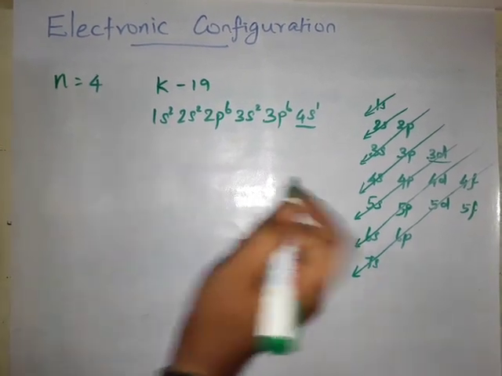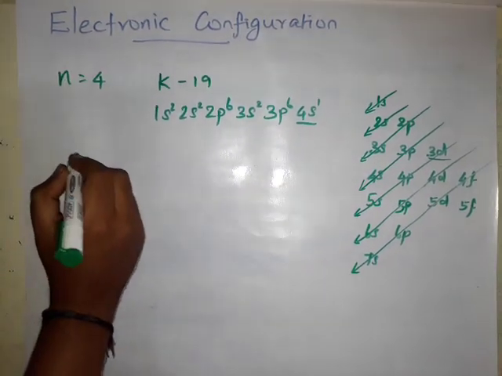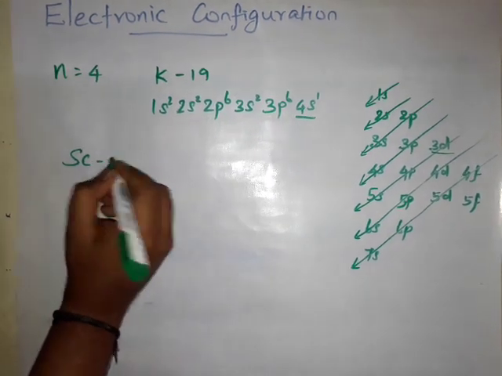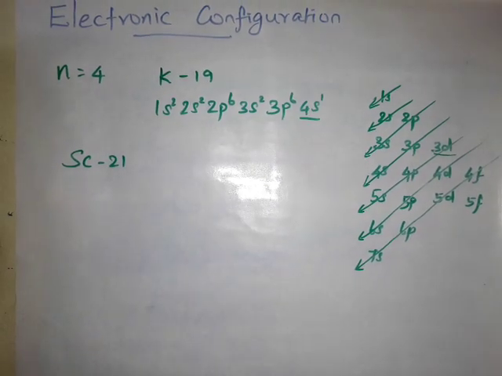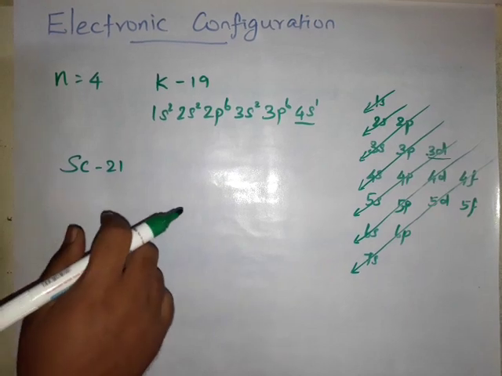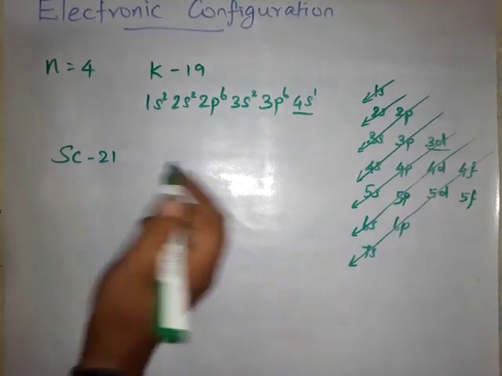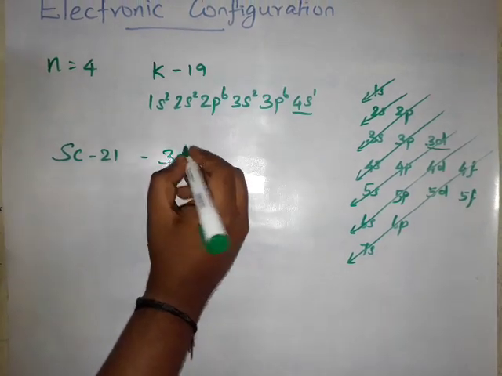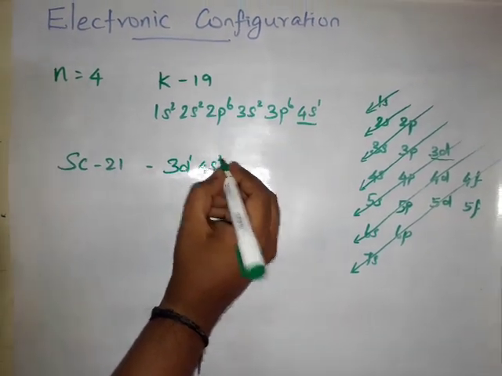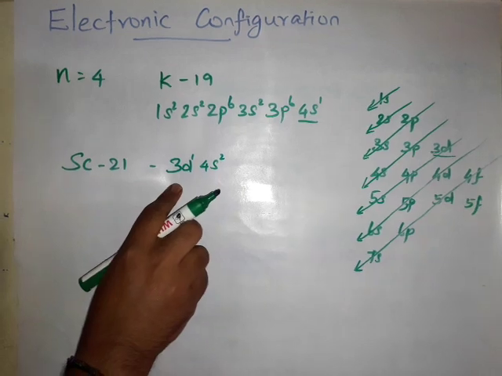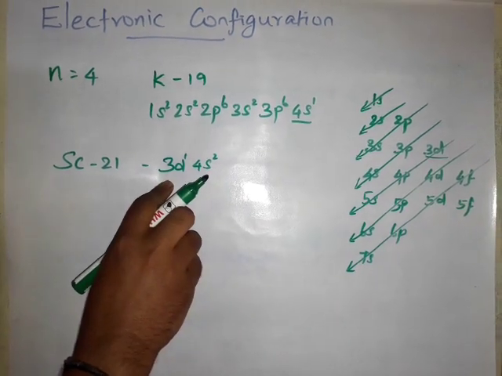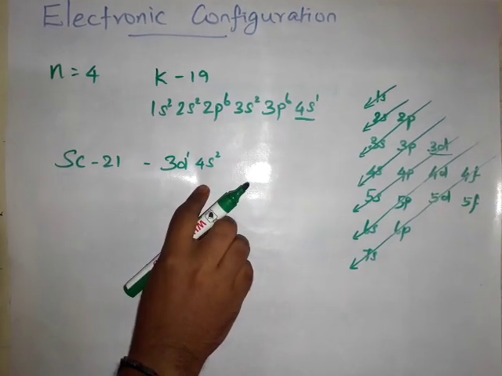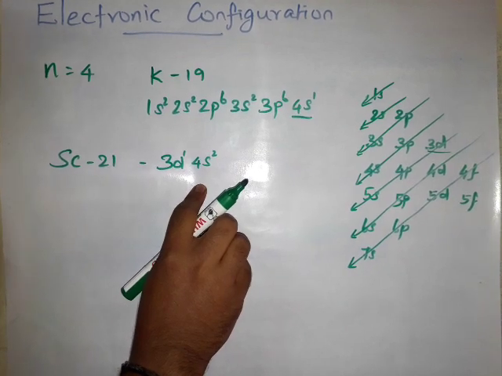These transition elements start with scandium, atomic number 21, whose valence shell electronic configuration will be 3d1, 4s2. This is the outermost electronic configuration.